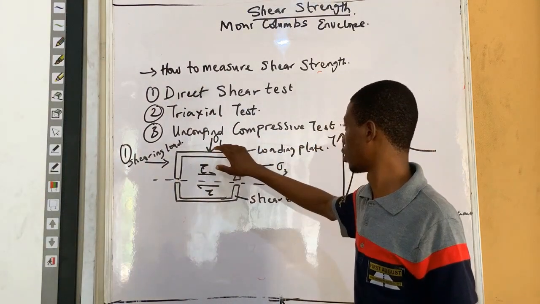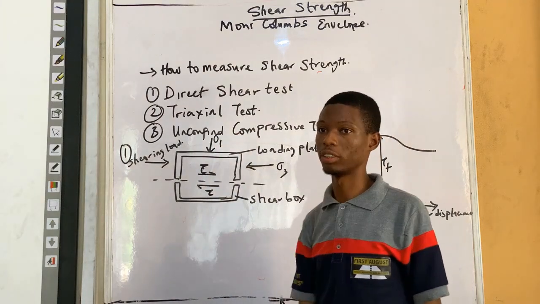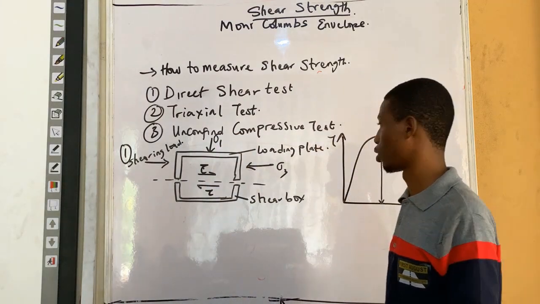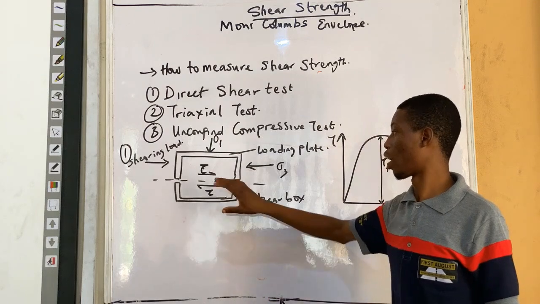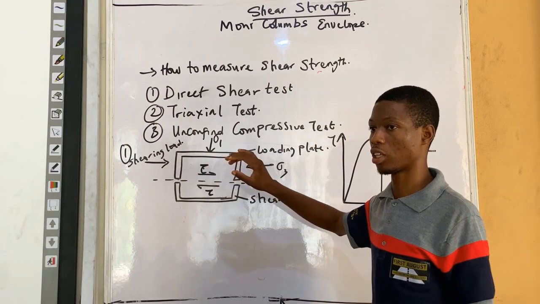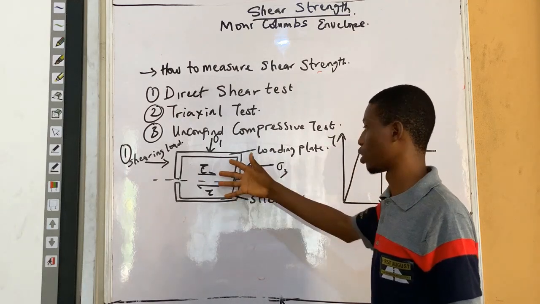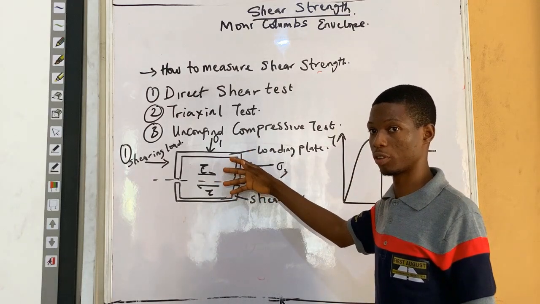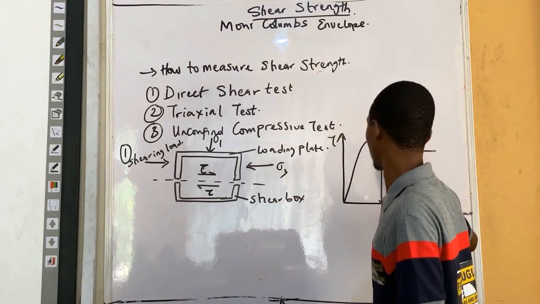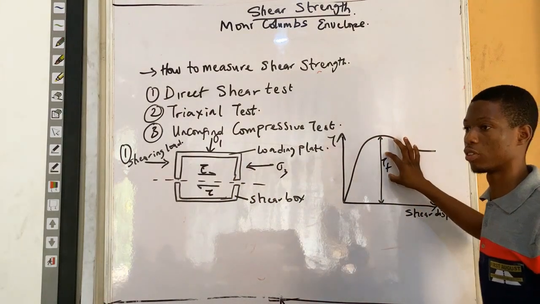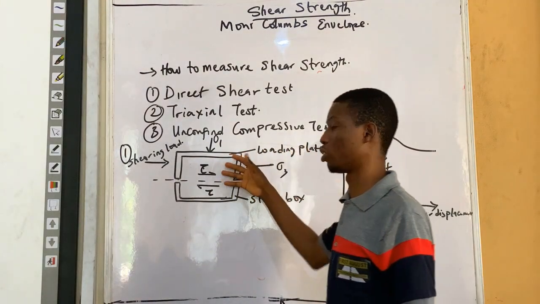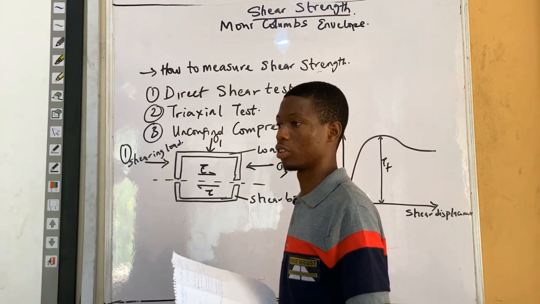Then the load is applied. Then at failure, that's when we have the tau f. That's the shear strength of the soil.